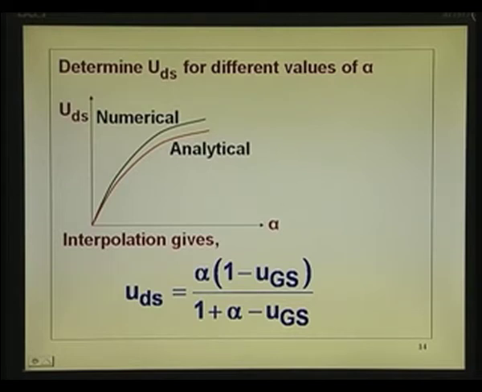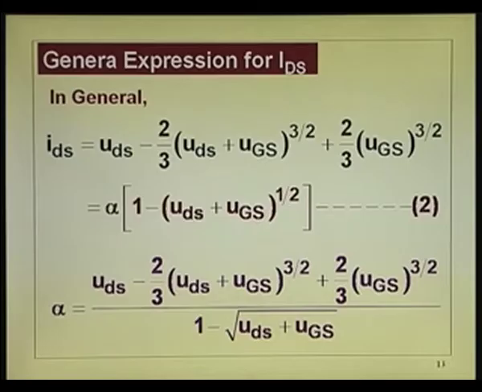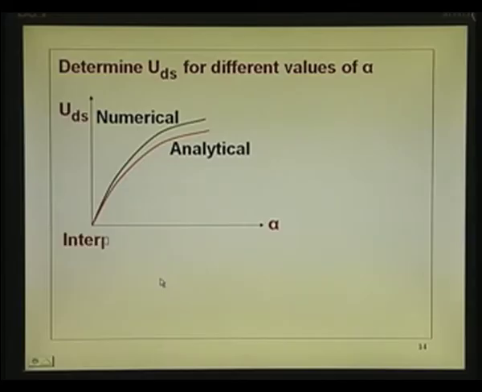So, what people did, in fact the actual person who did this, Michael Shur from Rensselaer Polytechnic, published this result quite some time back. To simplify and get analytical solutions without going numerical, you substitute different values of UDS and find what alpha is for a given gate to source voltage.